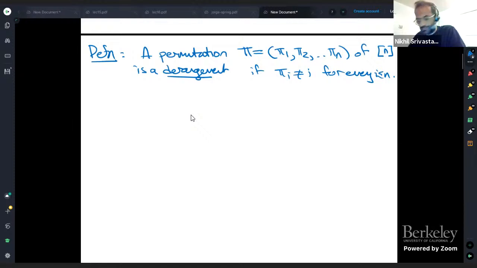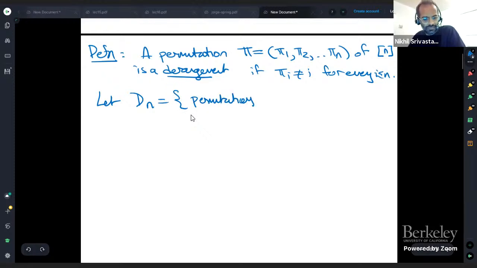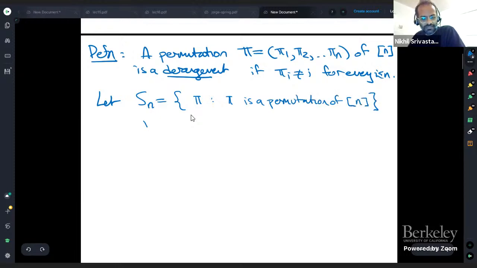Right? So we're interested in the set D. So let S_n be the set of all permutations on n elements, and let D_n be the set of derangements.